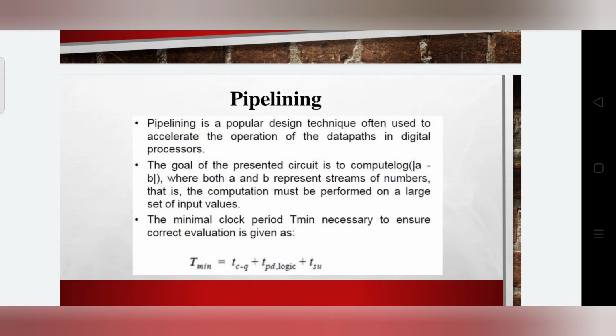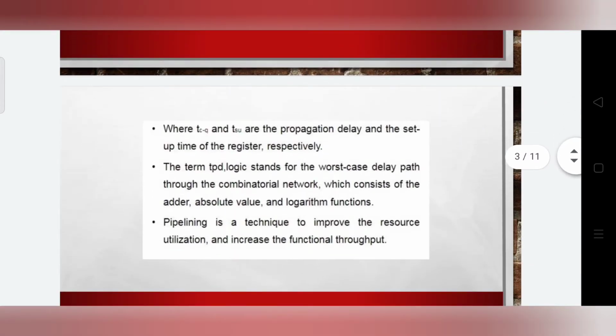The simple calculation C equals log modulus of A minus B has three operations to be performed: subtract A and B to get A minus B, get the magnitude of A minus B, and evaluate log modulus of A minus B. TCQ and TSU are the propagation delay and the setup time of the register respectively. The term TPD logic stands for the worst case delay path through the combinatorial network, which consists of the adder, absolute value, and the logarithmic function.